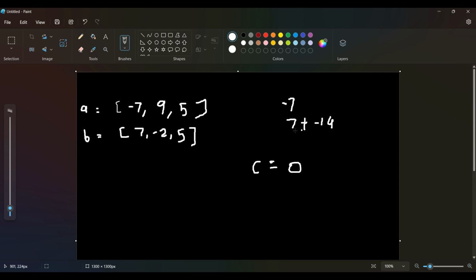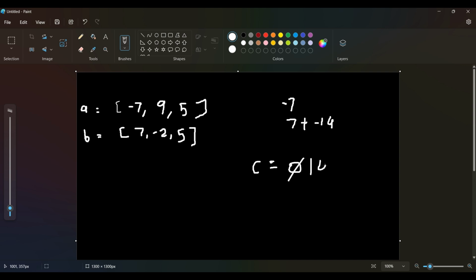So basically I'm not doing operation 1, I'm just doing operation 2, adding a positive integer. So the cost of making minus 7 equal to 7 is 14.